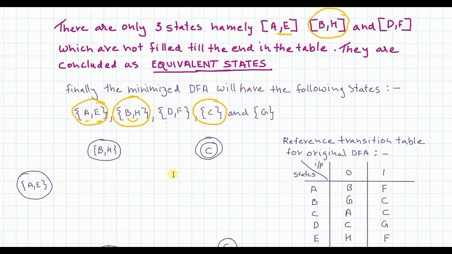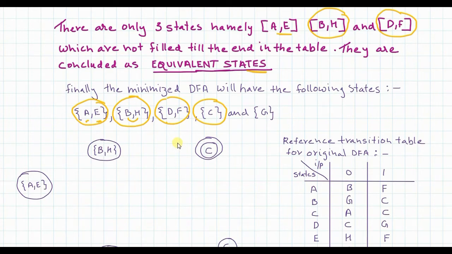Similarly, D and F, we have also found out that they are equivalent states. That's why D and F, which appeared as individual states in the original DFA, will now be represented as one state, a set of states. The full set will be considered as one state.